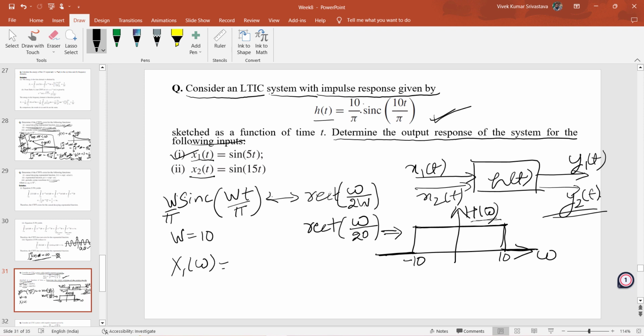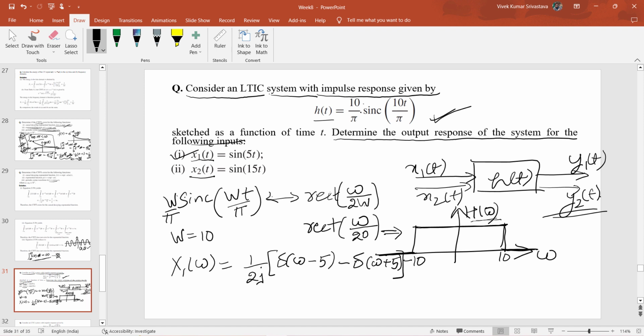X1 of omega we can write as 1 over 2π, delta of omega minus 5 minus delta of omega plus 5.